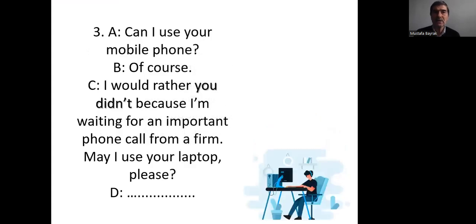Can I use your mobile phone? Of course. Yes, you can. But if we don't want to accept that request, we say politely again, I would rather you didn't, because I'm waiting for an important phone call from a firm.